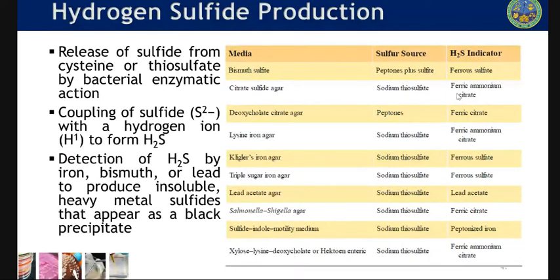For sulfide indole motility agar, you have peptonized iron as the H2S indicator. The main principle is the release of sulfide from cysteine or thiosulfate by the enzyme, which couples with heavy metals, producing a precipitate. This will turn out to be black precipitates.